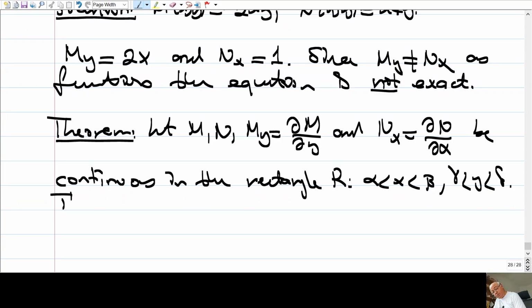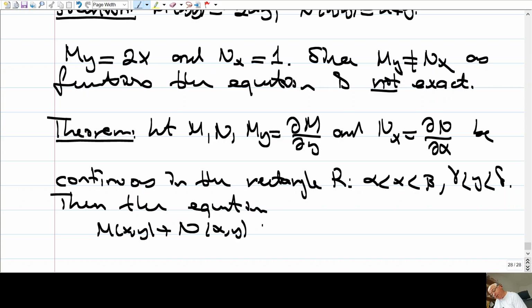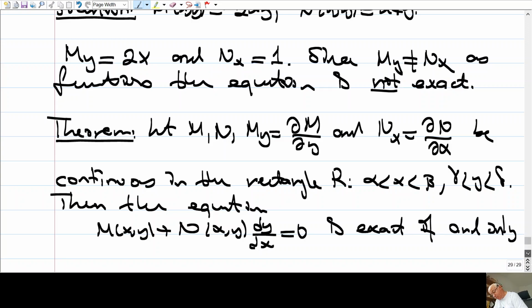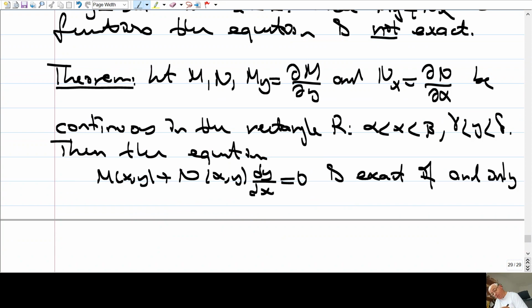Then the equation m(x,y) plus n(x,y) dy/dx equals 0 is exact if and only if m sub y equals n sub x on R. Okay.